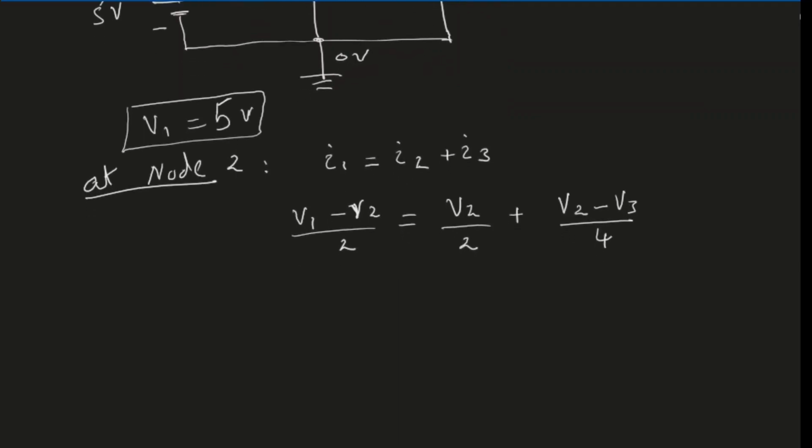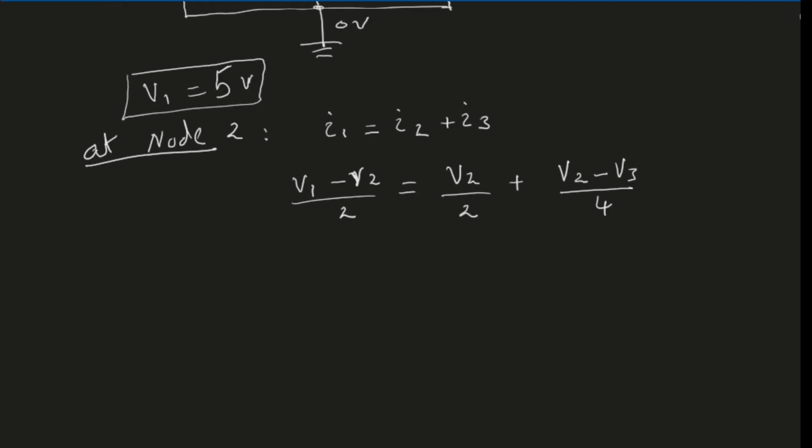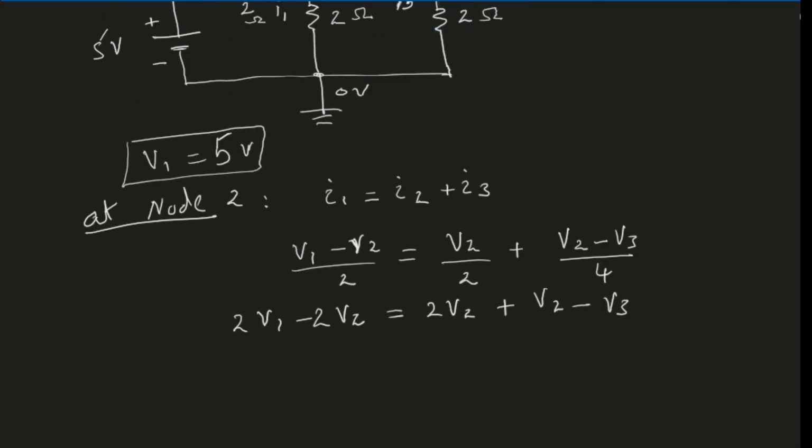Now we have the equation in terms of the node voltages. To get rid of the denominators, I will multiply by 4. So I will have 2V1 minus 2V2 equals 2V2 plus V2 minus V3. Now V1 is already known to us, which is 5 volts.